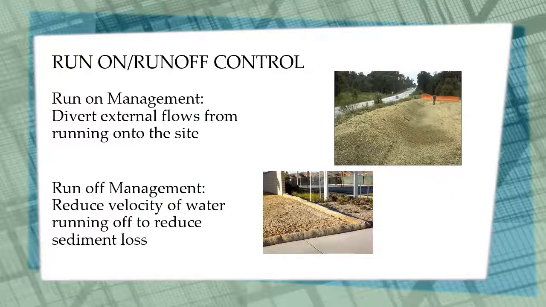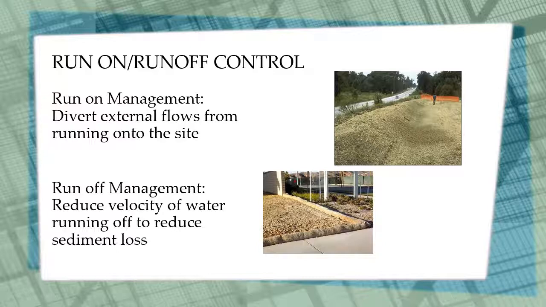The last sediment control BMP we're going to cover is run-on and runoff management. When you're going out to the site to do an inspection, look around the property that surrounds the project and see what sort of existing conditions are there. If there's a potential for water to run onto the site and overexposed soils, there should be some sort of berm, straw wattle, or other device to help route that flow around the site.